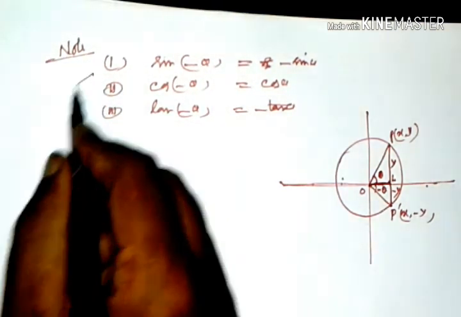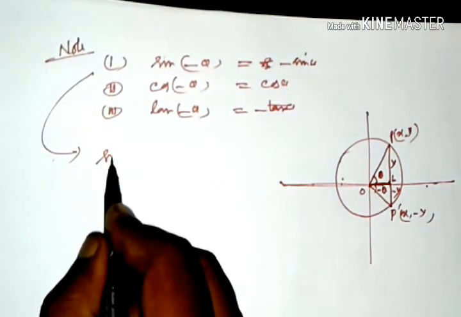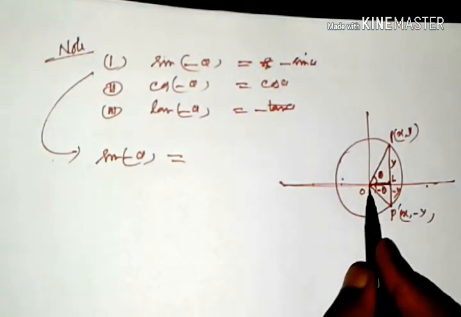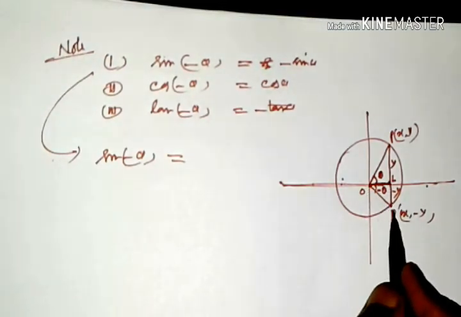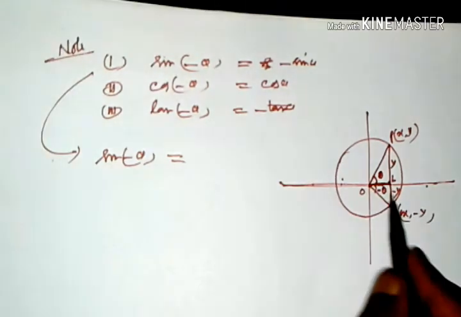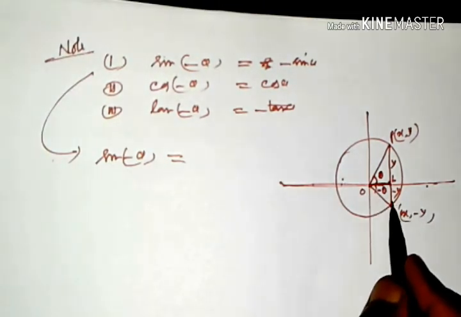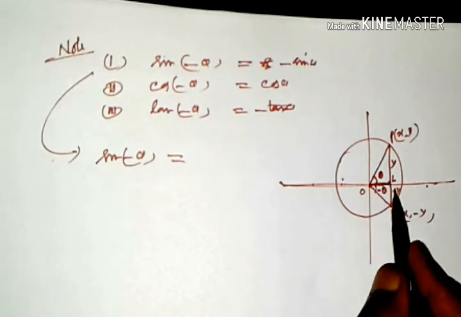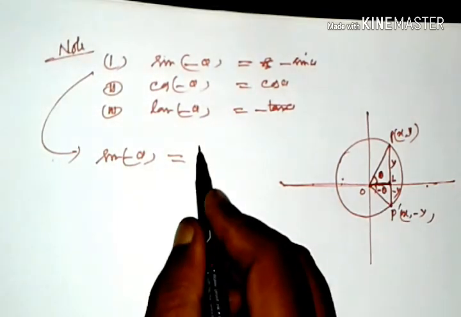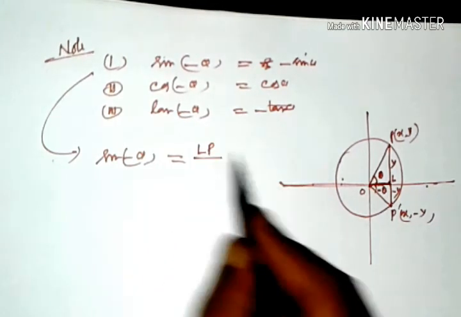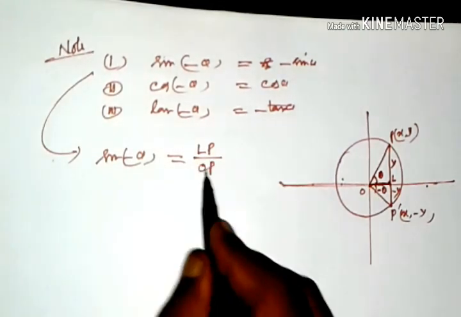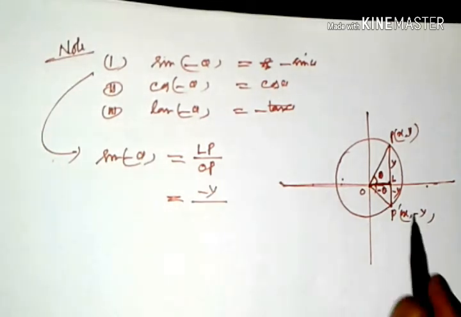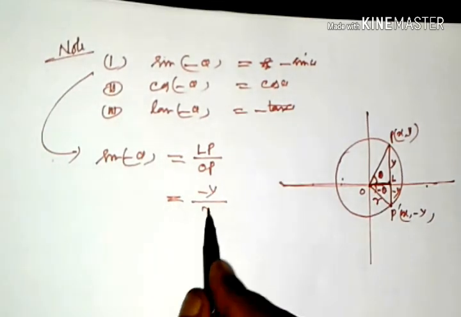Now sine minus theta, in the right angle triangle OLP', is perpendicular by hypotenuse, LP' by hypotenuse OP'. LP' here is minus y, and OP' we can take as r.